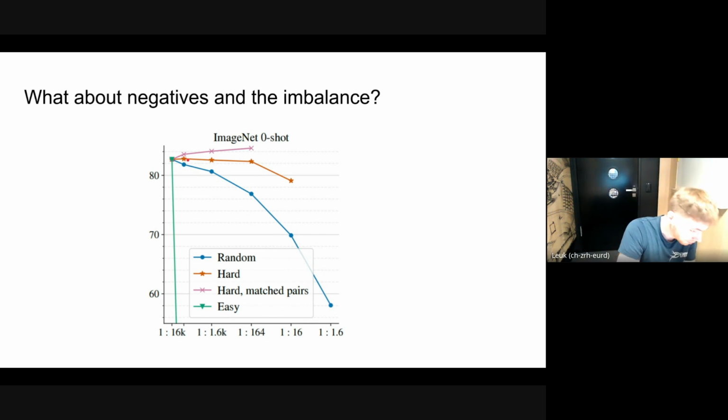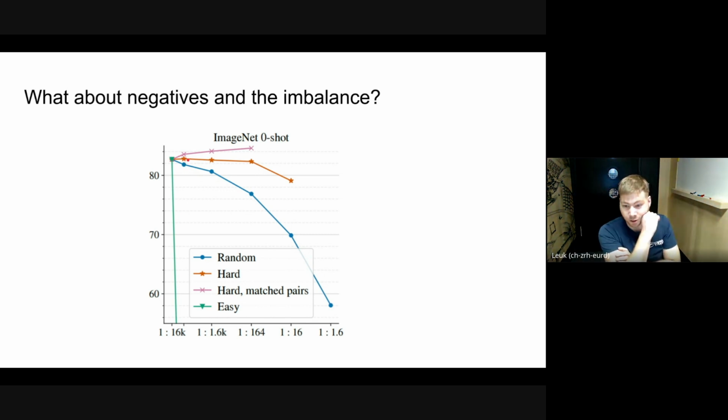But in principle, we have only seen half the number of pairs. Keep in mind, in this case, there are two things. There is the number of examples seen, which as you iterate through the training, let's say a batch is 32,000. Then after one batch, you have seen 32,000 examples, but you have seen 32,000 squared pairs, like image and text combinations, because in one batch, you get the loss on all pairs.